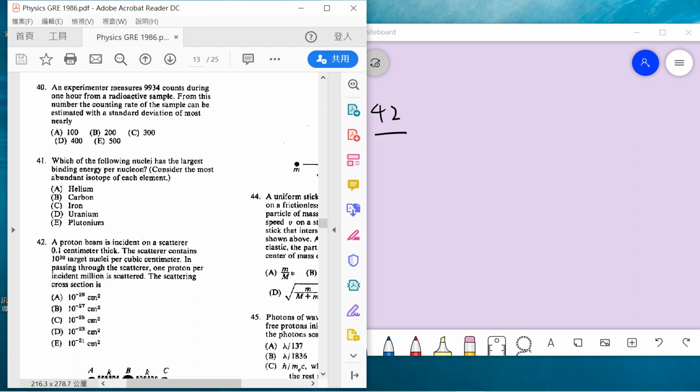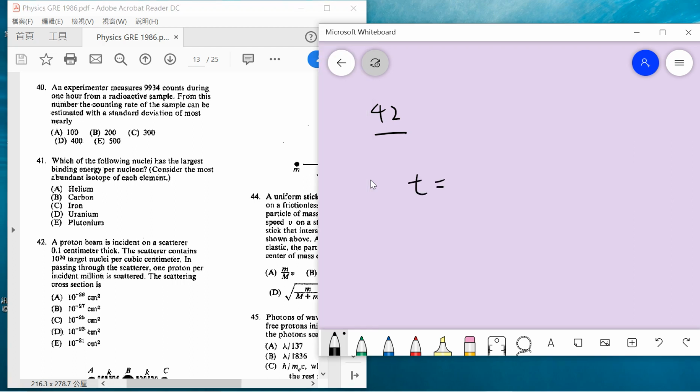When you see this kind of problem, the easiest way is to write down all the parameters you have. We have t, which is 0.1 centimeters. Then there is a 10 to the negative 6 per particle scattered, which basically has no unit.